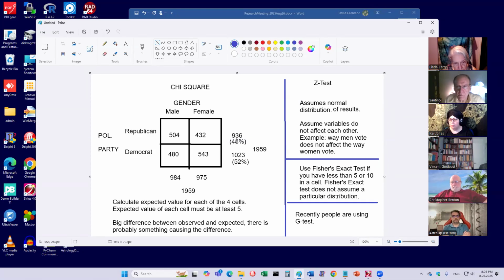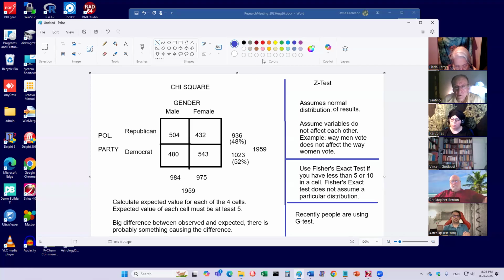The only times people get really picky about these differences is when they are trying to measure something so precisely. But in most social science research, we're just trying to see if there's something there. If one gives p less than 0.001 and the other one says triple O one, you found something. So you should get somewhat similar results with all of these, typically not quite as good with the Fisher's exact test. So to answer Kai's question, it doesn't matter very much.